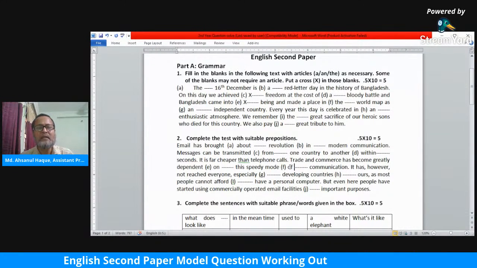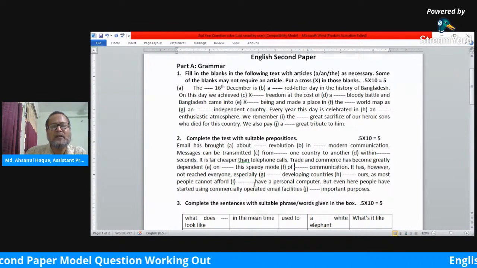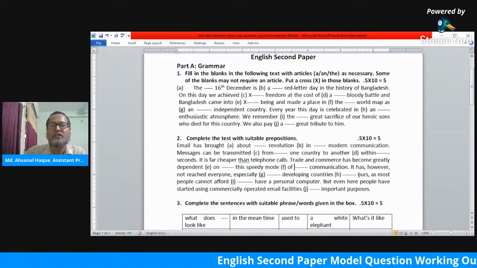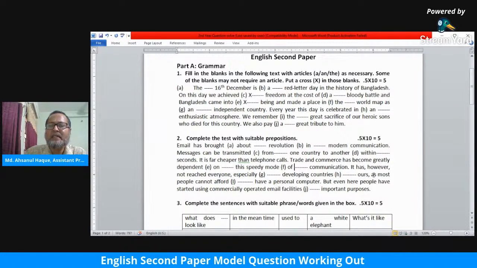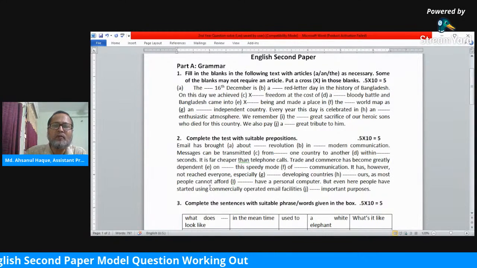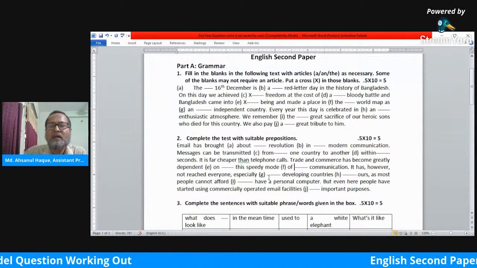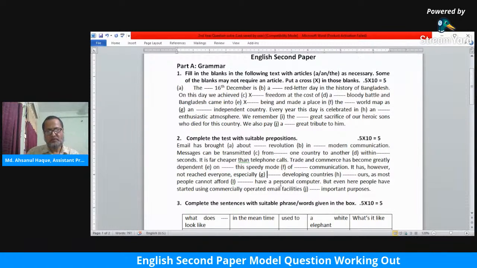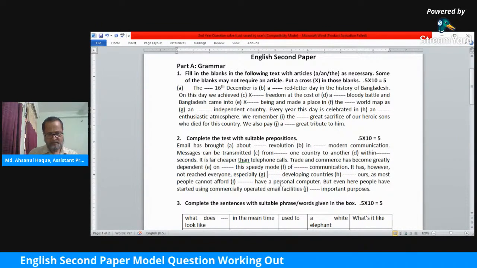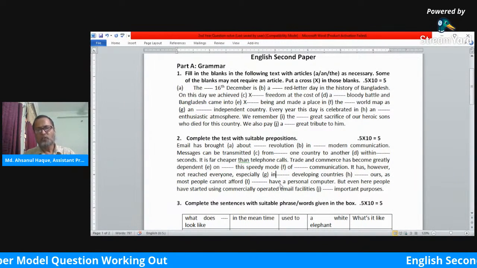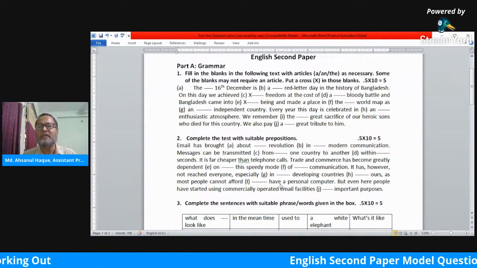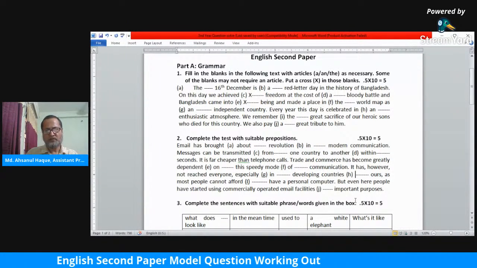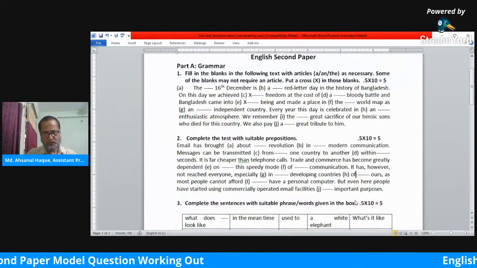It has, however, not reached everyone, especially dash developing countries dash ours. Especially in developing countries of ours.